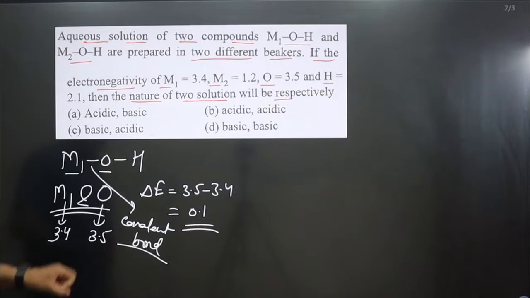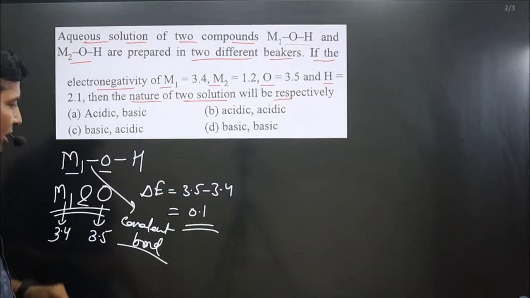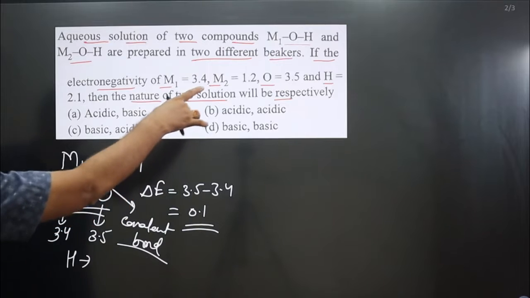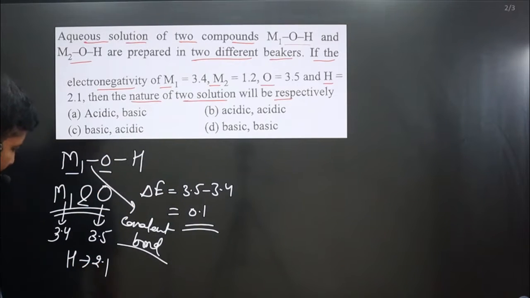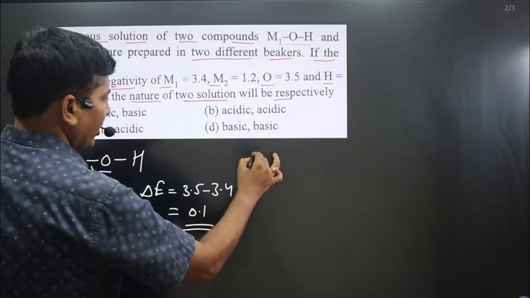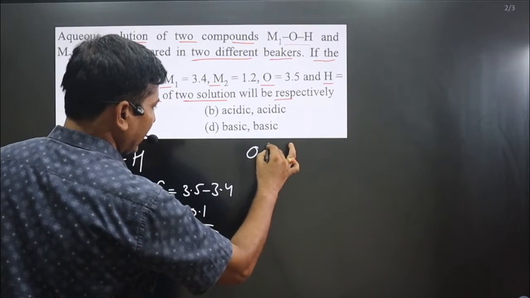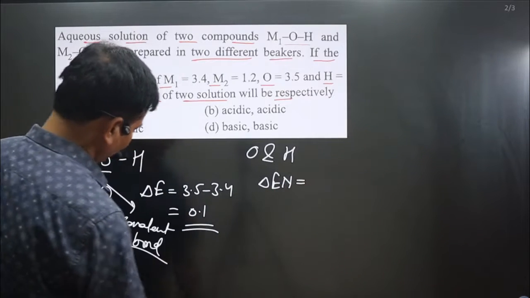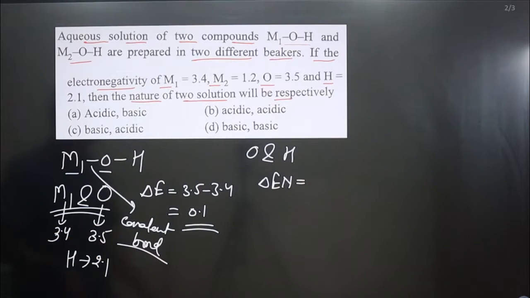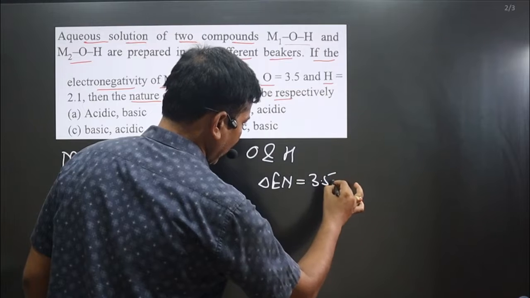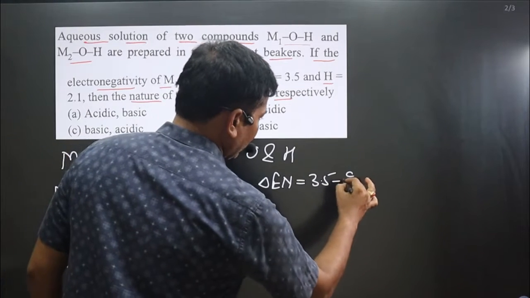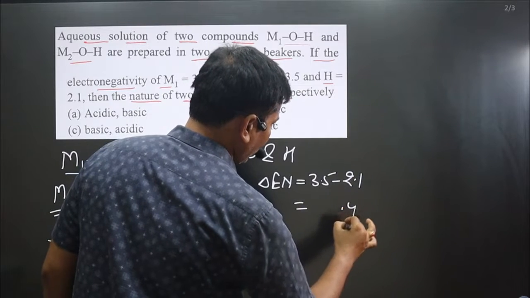Now if we talk about oxygen as well as hydrogen, oxygen electronegativity we know is 3.5, and for hydrogen the electronegativity is 2.1. So the electronegativity difference between oxygen and hydrogen is 3.5 minus 2.1, which is 1.4.